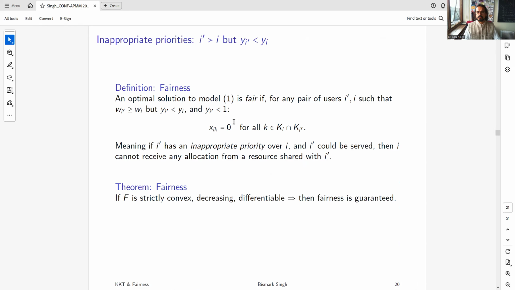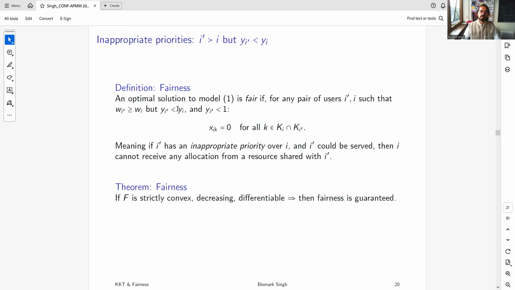So think about this as you have a budget and you want to assign this budget to two people. One of them, i prime, deserves it more than the other. But it so happened that the deserving candidate got a coverage, or a final allocation of this funding, that was less than the other candidate.